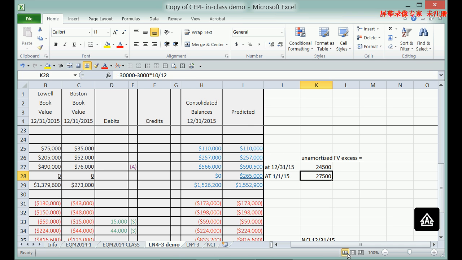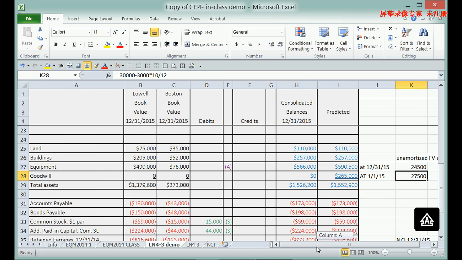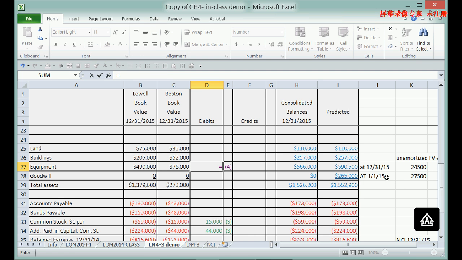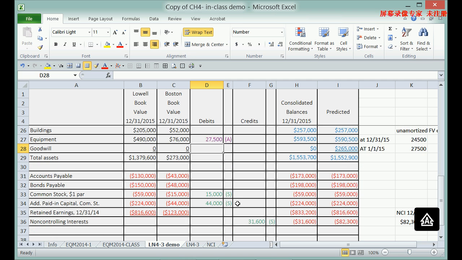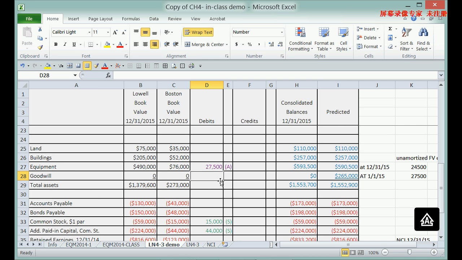So the unamortized fair value excess up to 1/1 should be 275,000. If you see, the difference between the two is exactly the 3,000, which should be taken care of by the E entry. So 275,000, and the goodwill would be 265, as we already seen. That's the A entry.